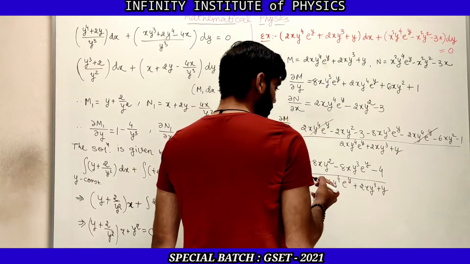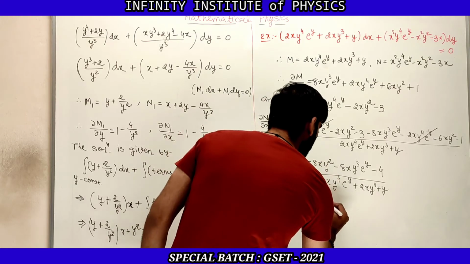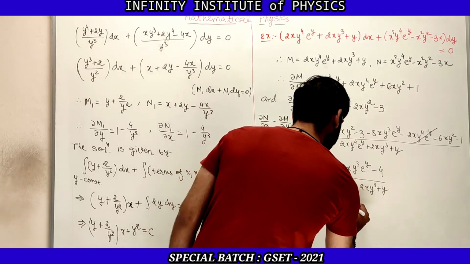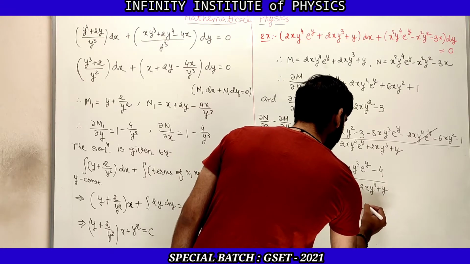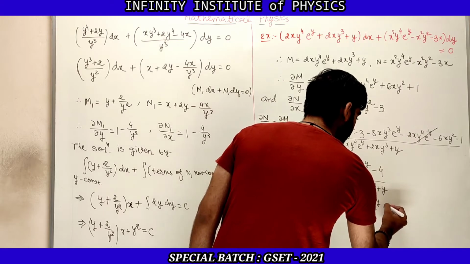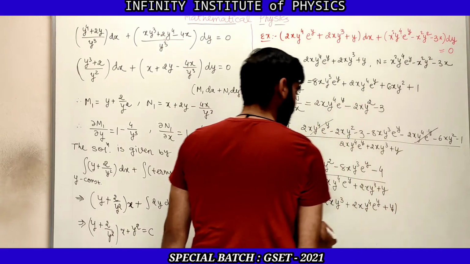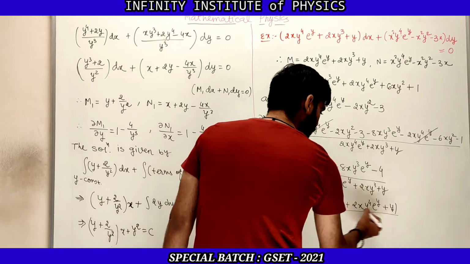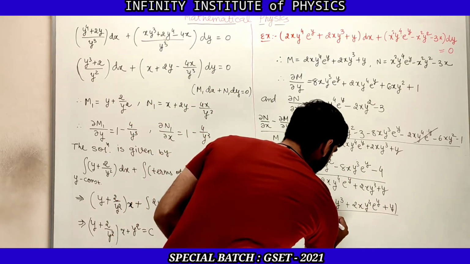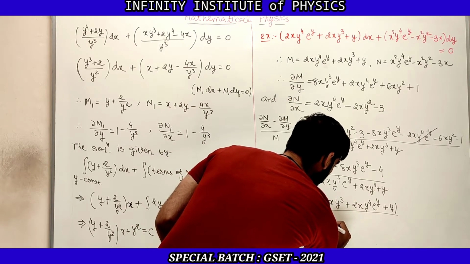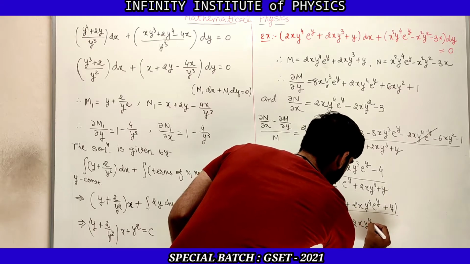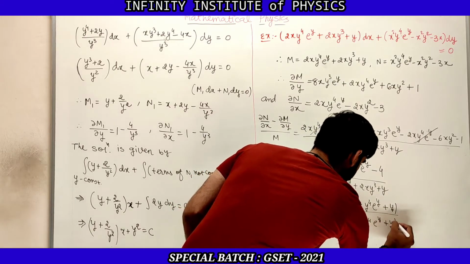So now this will be 2xy³ plus 2xy⁴ e^y plus y, upon, we multiply the denominator by y as well, and the denominator we write as it is, that is 2xy³ plus 2xy⁴ e^y plus y.